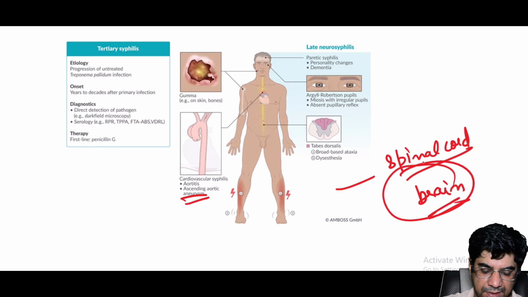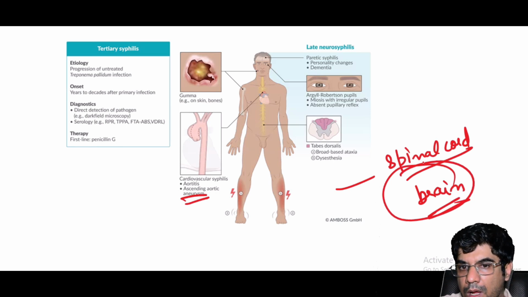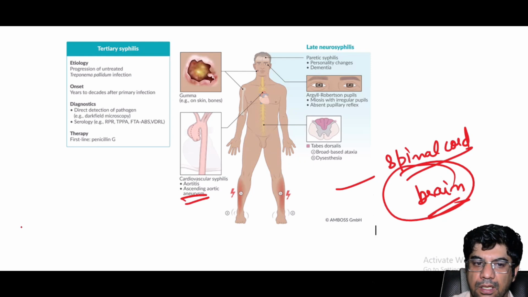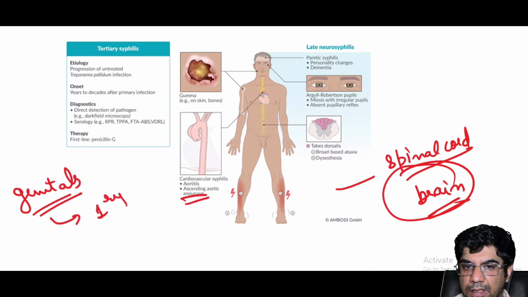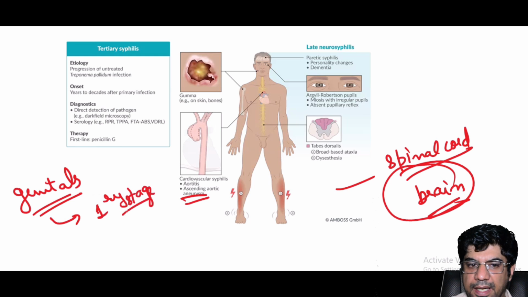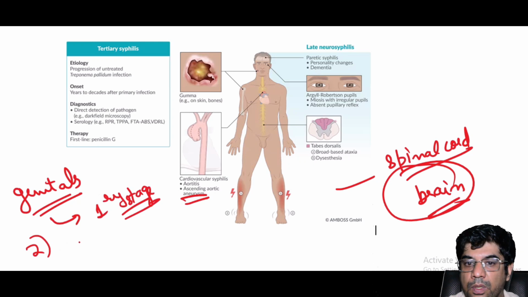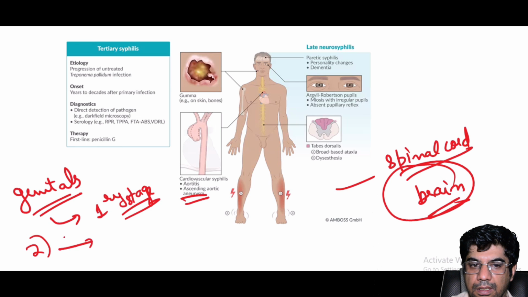Now let us discuss some important MCQ points, and let us have a quick wrap up and a quick quiz. A painless ulcer on the genitals. Which type is it? Yes, it's the primary stage. Second, a widespread rash on the palms and soles.